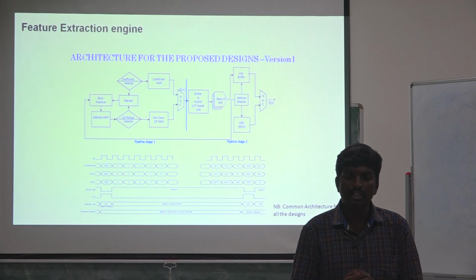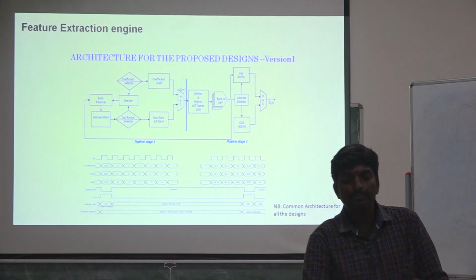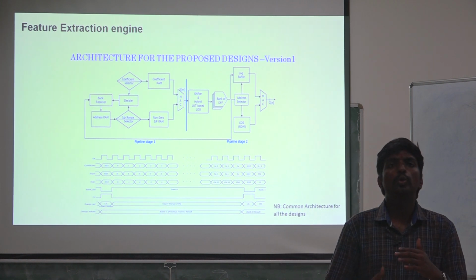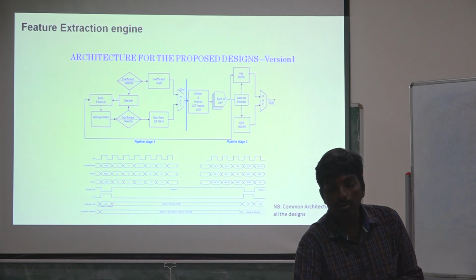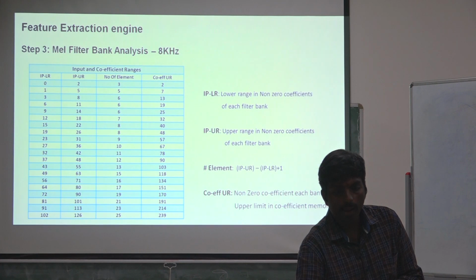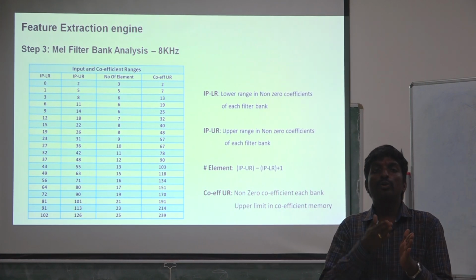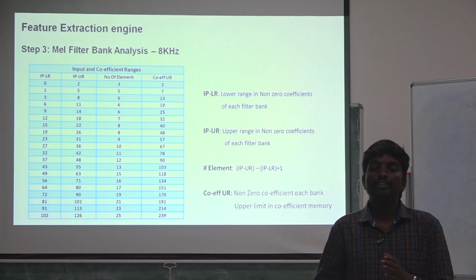So initially what we did, we stored all the non-zero coefficients in a single RAM as a coefficient RAM from 0 to 239. But when we try to read these coefficients, we need to read them as a range of signals as per the table. So for the first bank we need to read 0 to 2. It means it's represented similarly in the FFT coefficients.